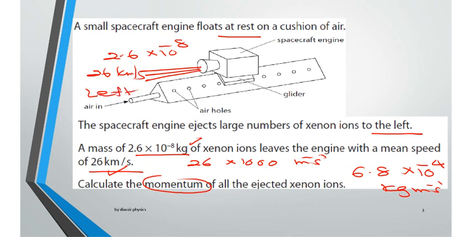So in which direction will the spacecraft move? Forward, that is to the right. As the initial momentum is zero, since it was at rest at the beginning, the final momentum should also be zero. So the ejected gas has 6.8 x 10^-4 momentum, and the spacecraft has the same momentum to the right.